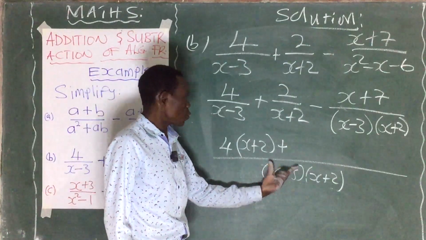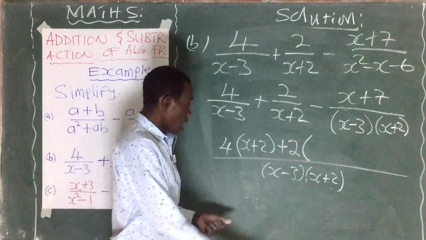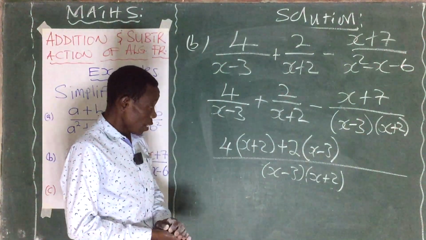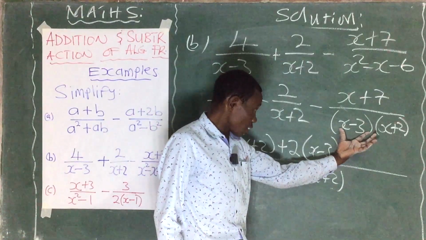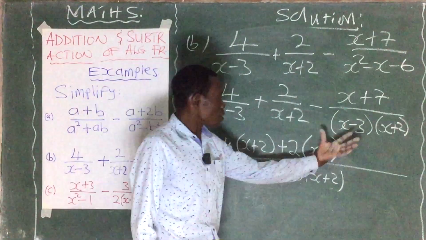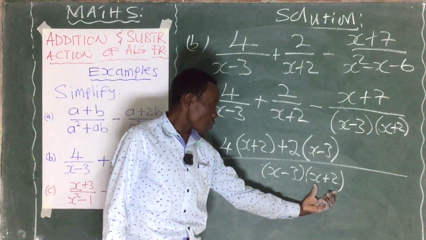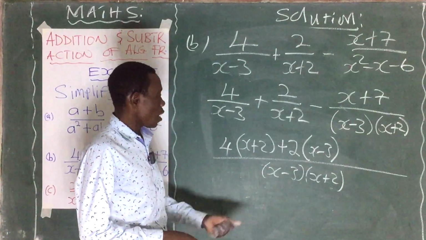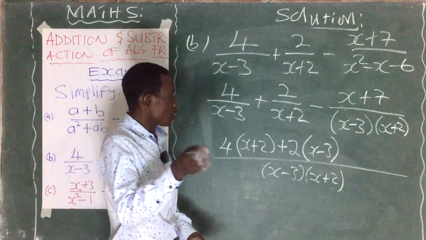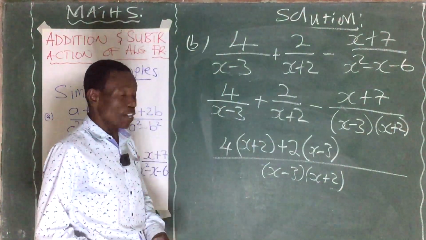So this x minus 3 should multiply by 2 to have 2 times the bracket x minus 3. Finally, x minus 3 times x plus 2 gets into x minus 3 times x plus 2 once, which we have to multiply by the numerator, x plus 7.